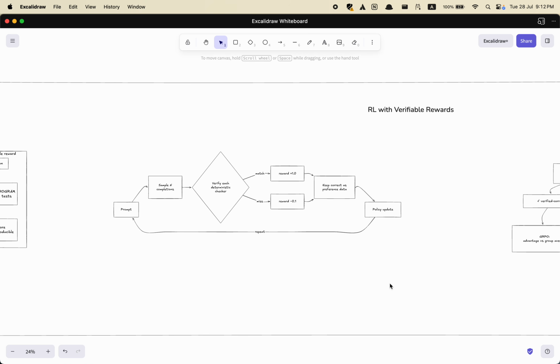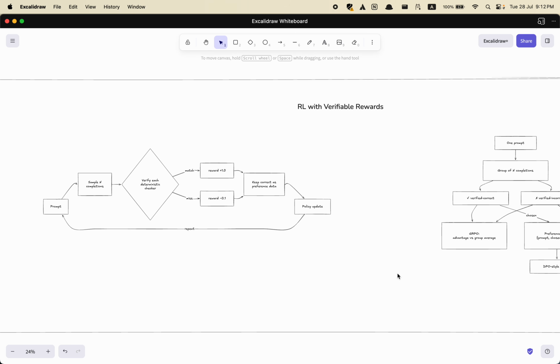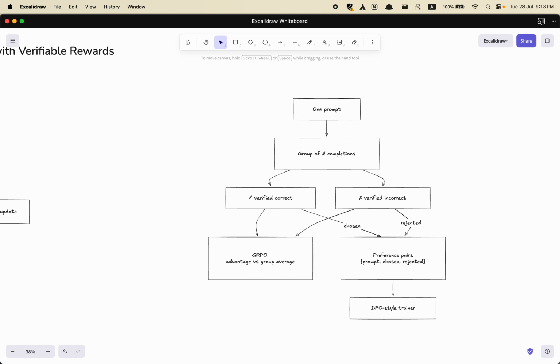So let's move on to another very important concept with RLVR. We've got our verifier that's checking against ground truth, but we have two different training algorithms that consume those verified rewards, and that's GRPO and DPO.